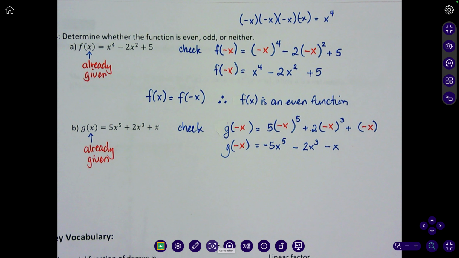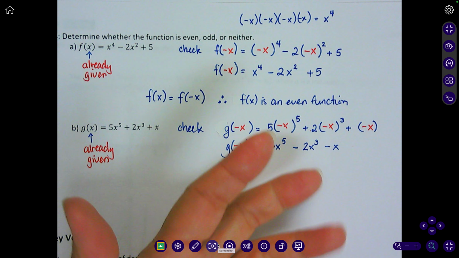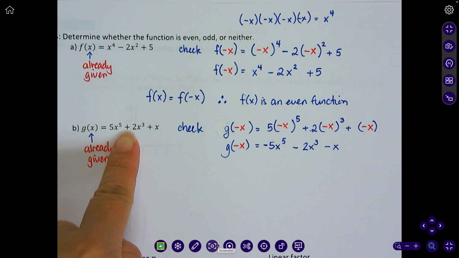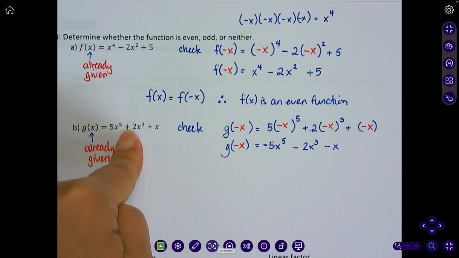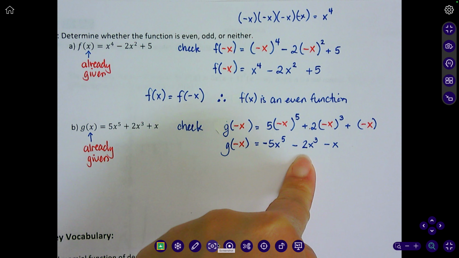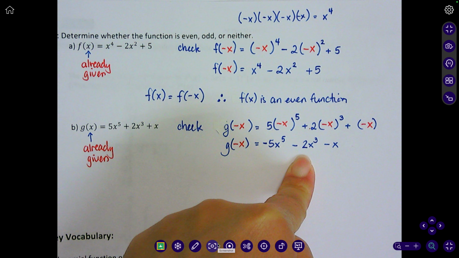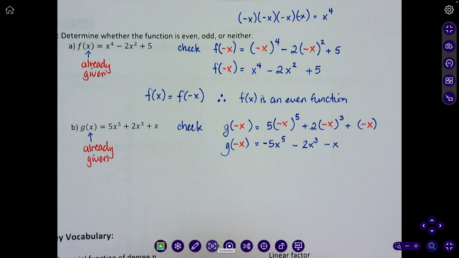Because they are the opposite for each one of them, this is an odd function. Do you guys see that? Yes? Because all these values are negative. Now, Ms. Tran, what if this one is negative? What would this be? It has to be positive. Do you guys see that? It has to be the negative of the other one. Clear? That's how you know this is an odd function.